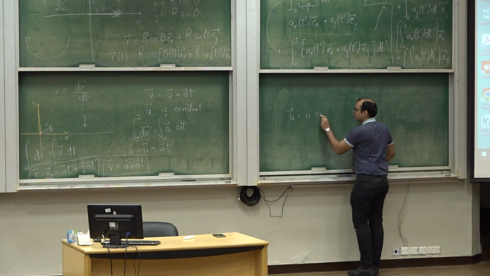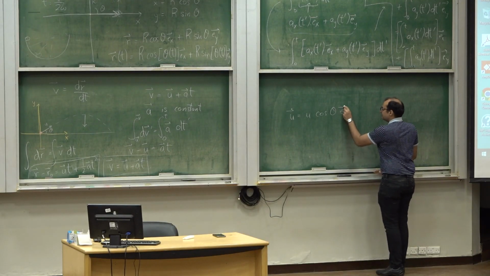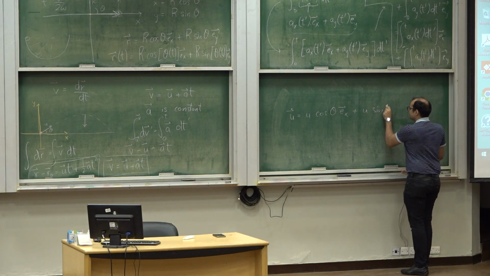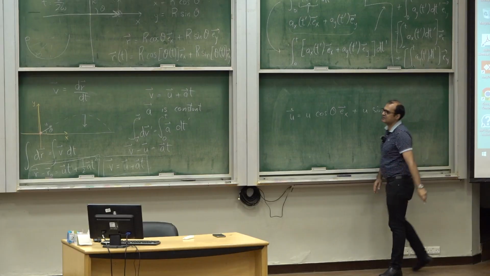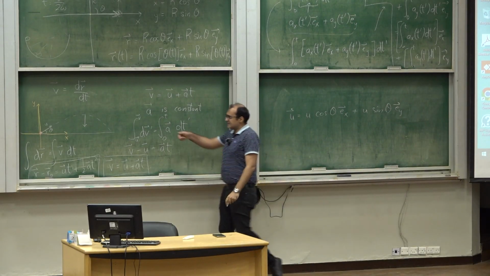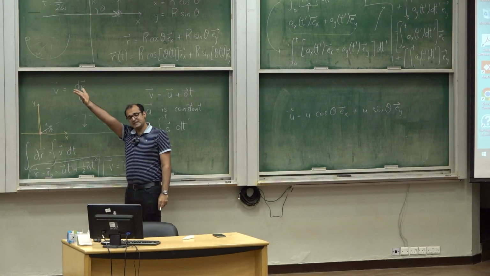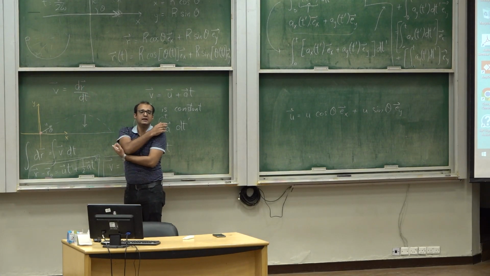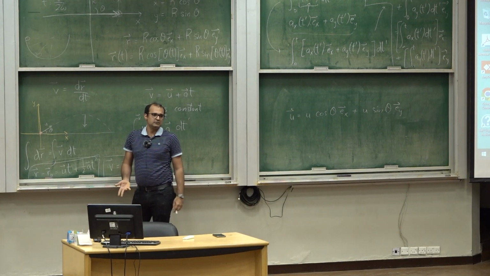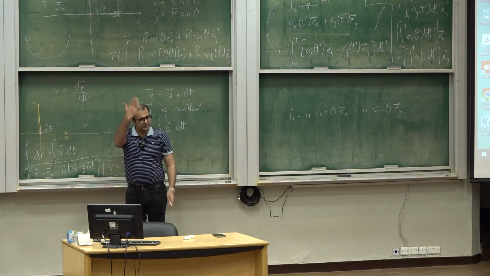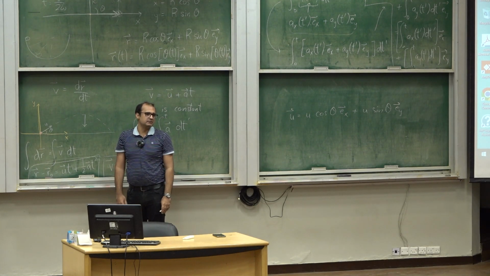See, it's easy: u cos theta Ex plus u sin theta Ey. What's the acceleration vector at any instant of time for this projectile? A projectile is anything that experiences only the acceleration due to free fall. So something that goes straight up and comes back down is also a projectile.